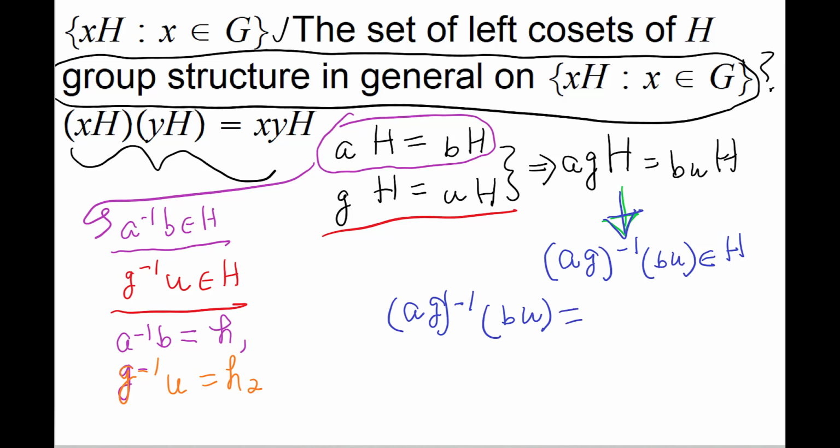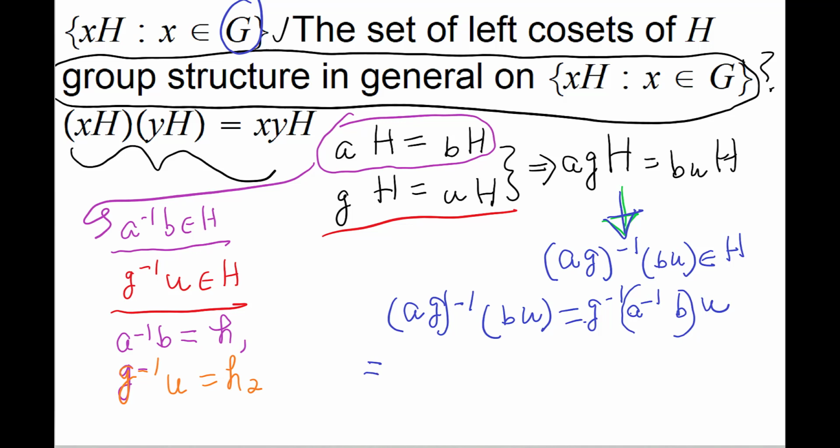If I look at ag inverse, then ag inverse is g inverse a inverse, and using the associative property, because the multiplication among these is just inherited from G, so that is associative, right? So we got this element. Now here, pay attention to the middle.